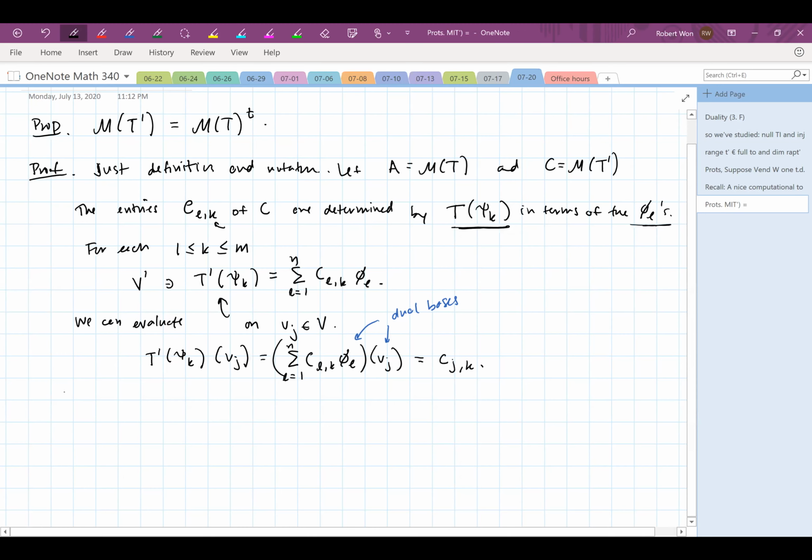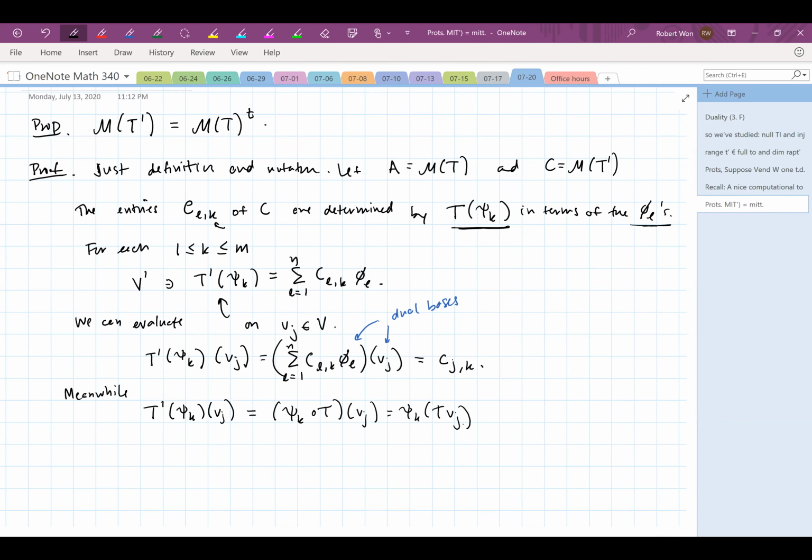Okay, but meanwhile, that's thinking about it in terms of the C's, which is the matrix of T dual. But we can also think of the definition of what T dual does to a map in W dual. It just composes with T. So this is psi k of T Vj. But what is T Vj?